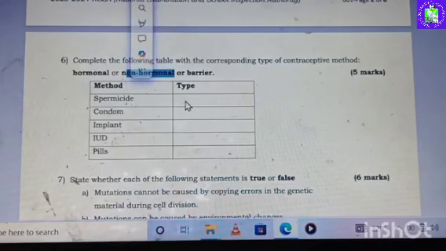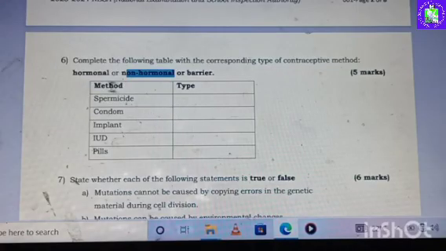Condom. Is it hormonal, non-hormonal, or barriers? Condom is barriers. Implant is hormonal. IUD, intrauterine device. Is it hormonal, non-hormonal, or barriers?